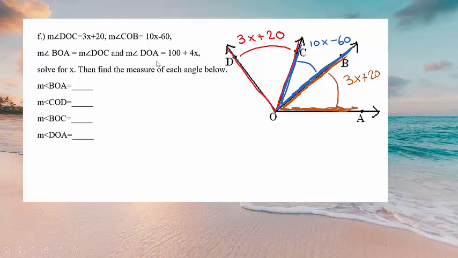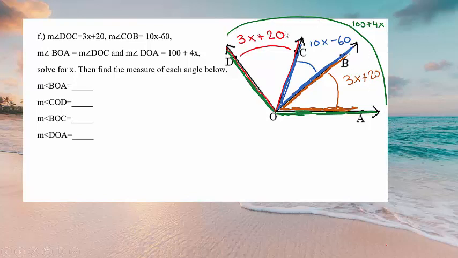The last thing they tell you is angle DOA. That's this whole thing, D to O to A. That whole thing is 100 plus 4x degrees. So what you have is 3 adjacent angles that when you combine all of them together, you get this giant angle DOA.